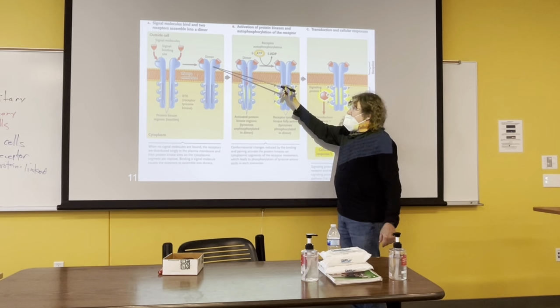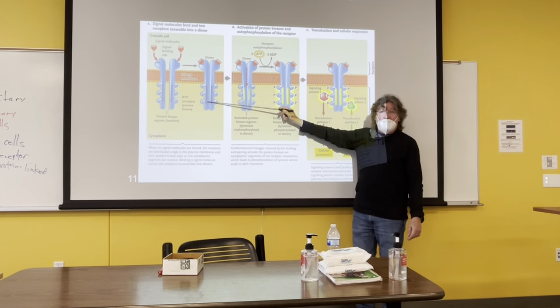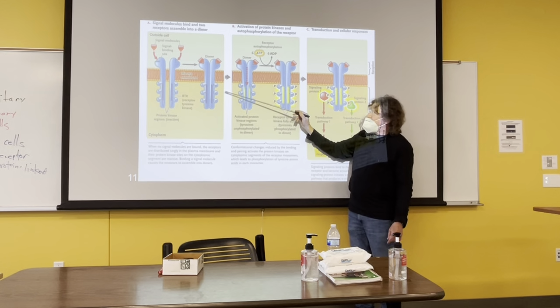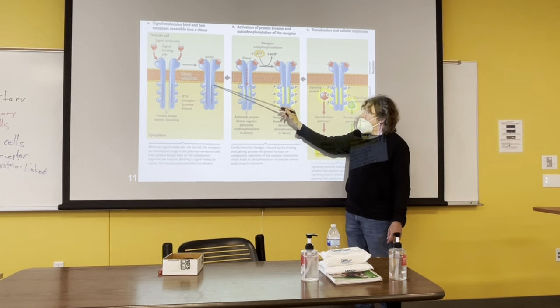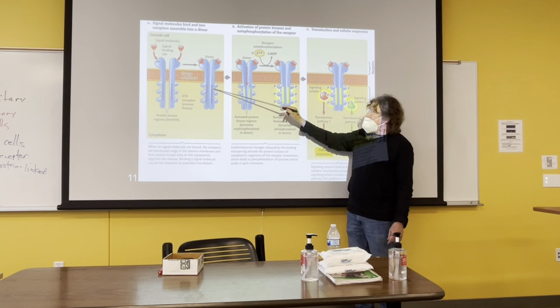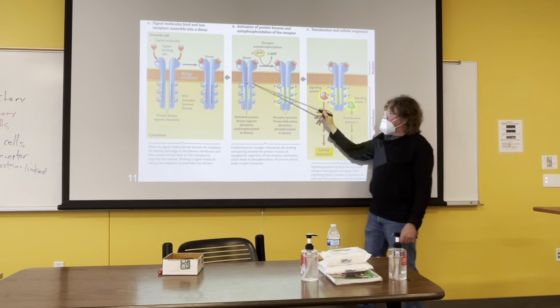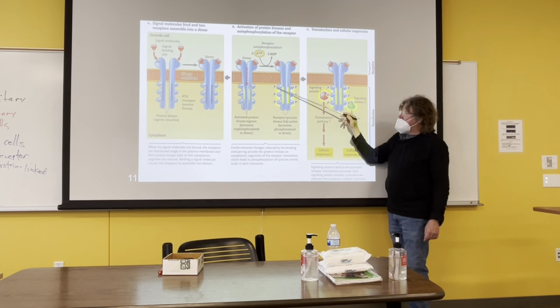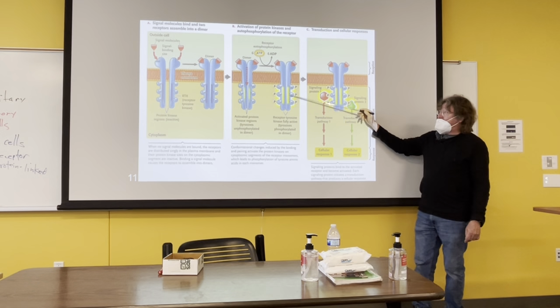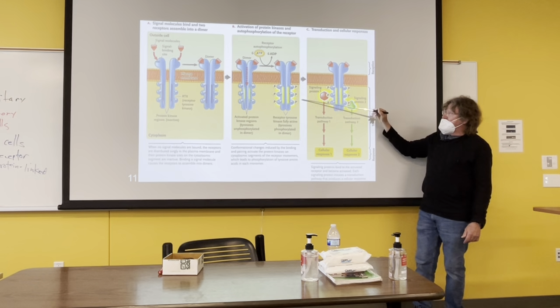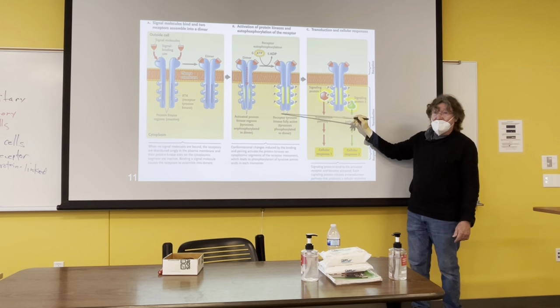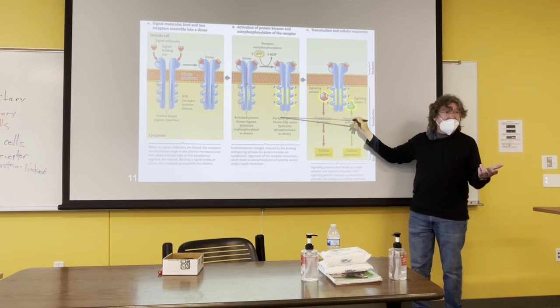That leads to yet further conformational changes, which activates a kinase, an ATP kinase, that will phosphorylate the tyrosines. There are 6 different tyrosines on the catalytic region of this protein that will become bound to phosphate, which further leads to its activation.